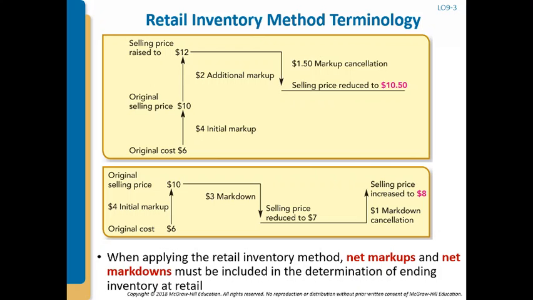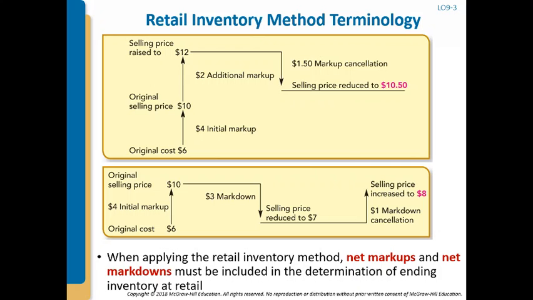And so bottom line is, when applying the retail inventory method, net markups and net markdowns must be included in the determination of ending inventory at retail. And so in that first instance, we had a net markup of 50 cents.